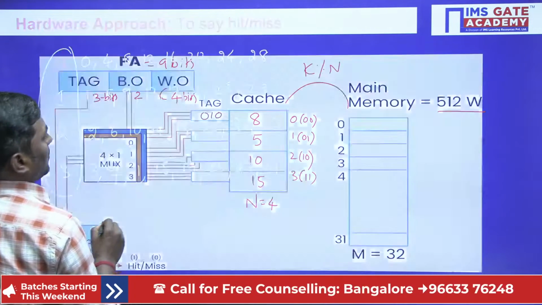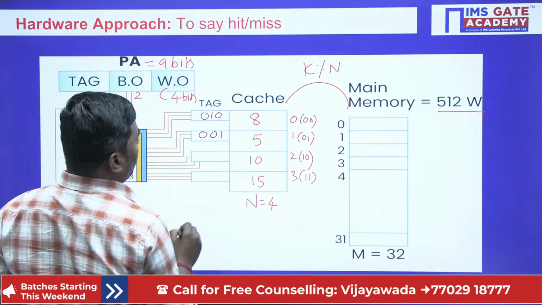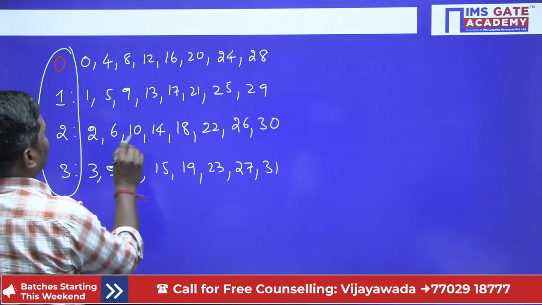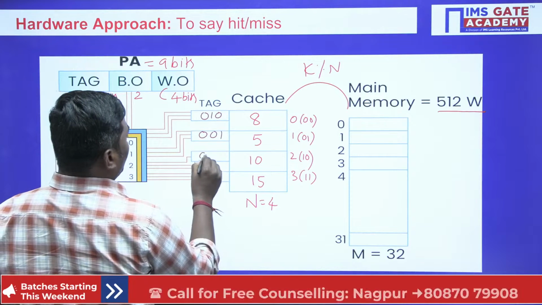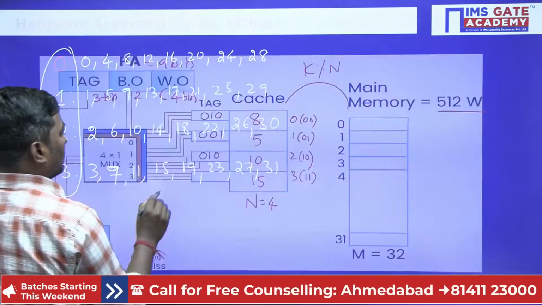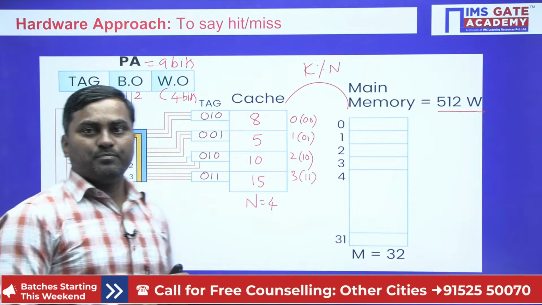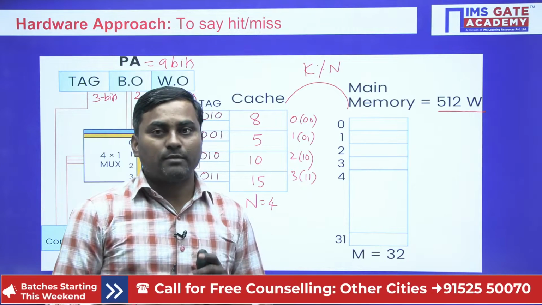Next one is 5, position 1, so 0, 0, 1. For 10, position 0, 1, 2, so this will be 0, 1, 0. For 15, position 0, 1, 2, 3, so 0, 1, 1. So these are the tag bits I updated here. I hope you understand the tag bits, how tag bits come.